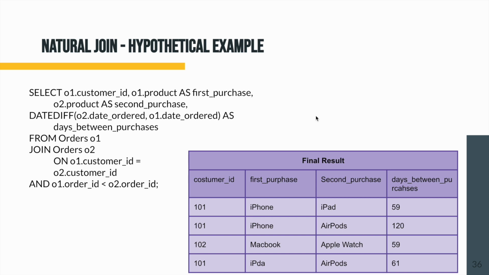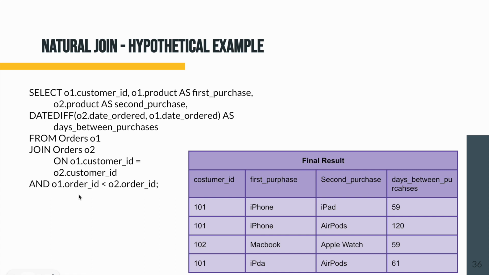So what I'm asking this table is to give me the customer ID, first purchase and second purchase, and the days between the purchases. We already said the calculation is between the first purchase and second purchase, so date ordered and date ordered, which I renamed. And I'm also telling it to match on customer ID and make sure the order ID of the second table, our second purchase, is higher than table 1.